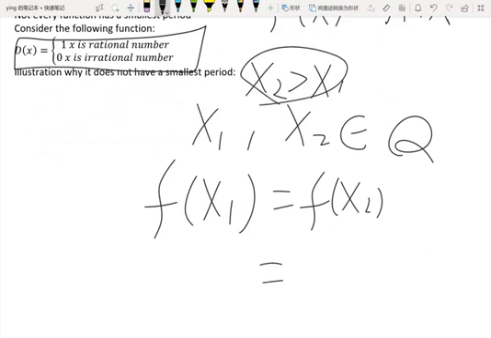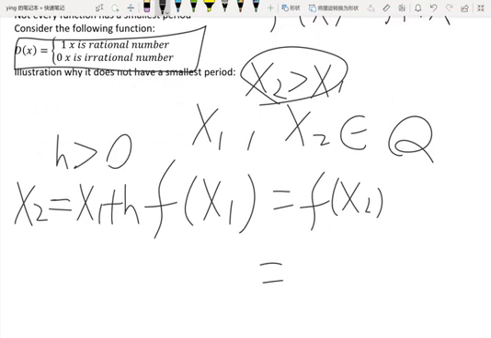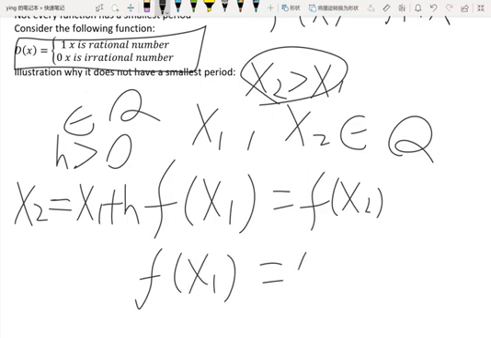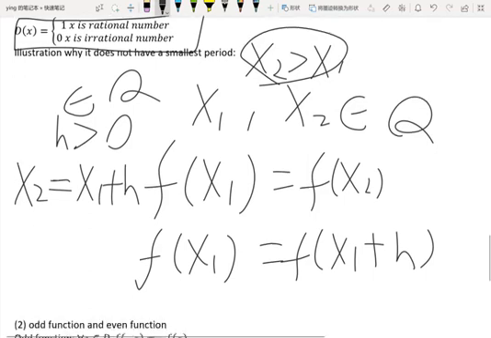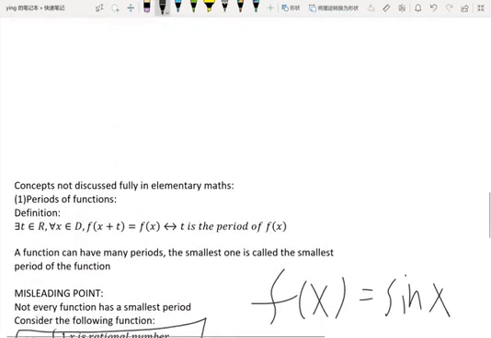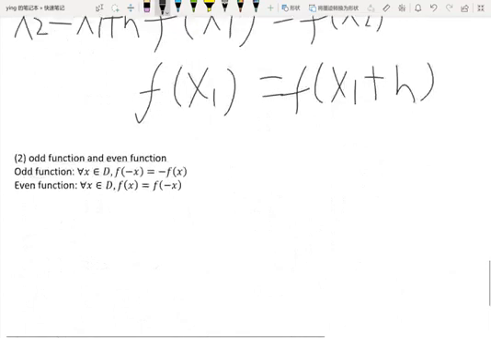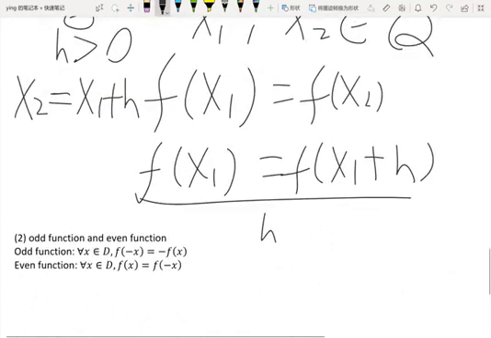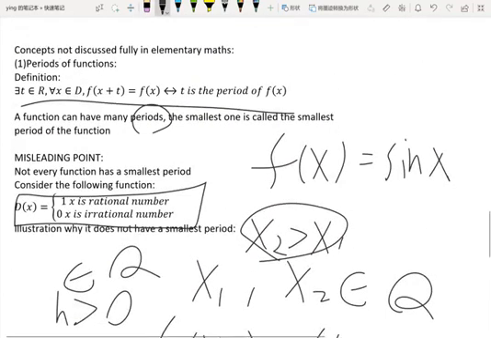Because of this relationship, we can write it as this, where h is greater than 0, and also a rational number. So here we have this. Right? And do not forget that this definition, we can apply it here, and we find that h is the period.